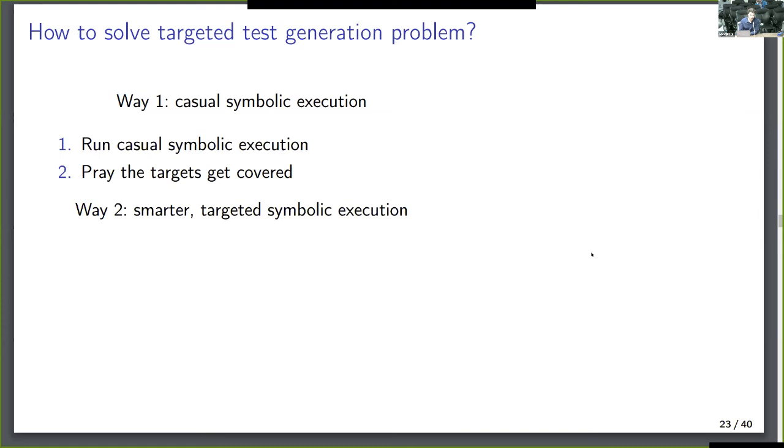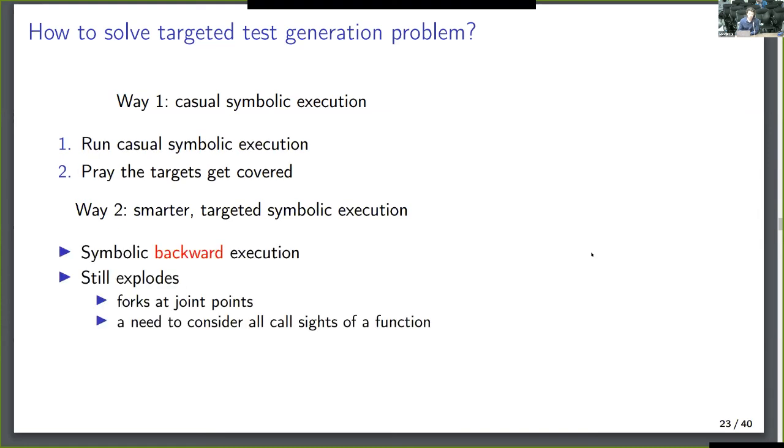targeted symbolic execution engine. People have developed some approaches to backward symbolic execution. The idea is that you take the target as the starting point, and then you execute the program backward, trying to reach the entry point of the program, the main function. It sounds pretty attractive, but the problem is that it still explodes.